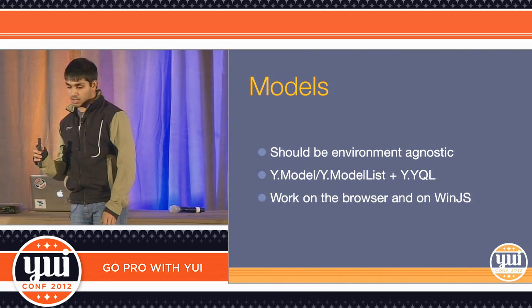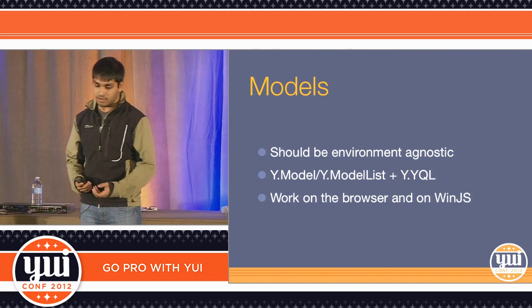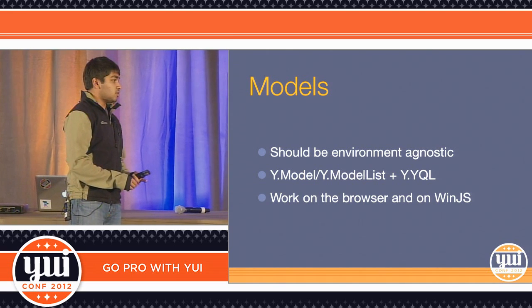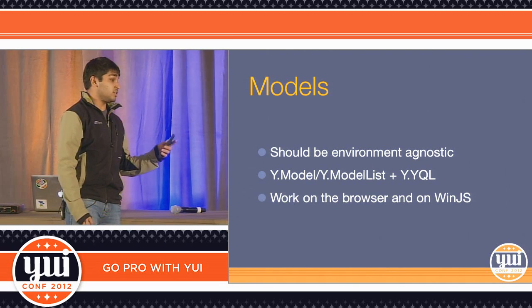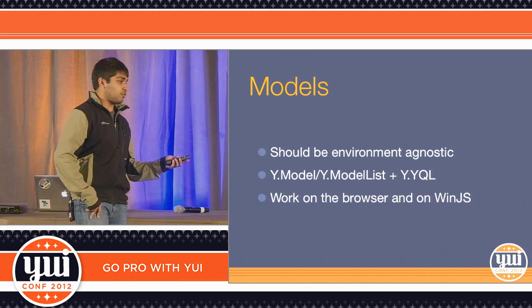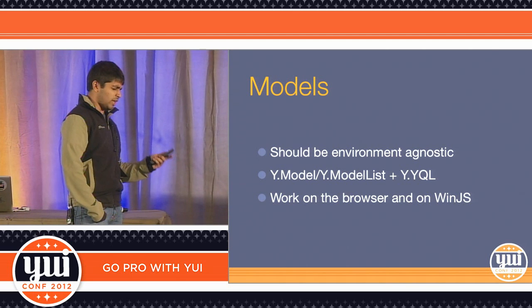So models, I feel, should be environment agnostic, right? They basically represent data, and that doesn't depend on an environment. So luckily, since YUI 3.7.3, we added support for CORS.